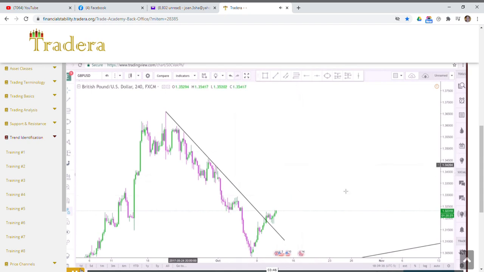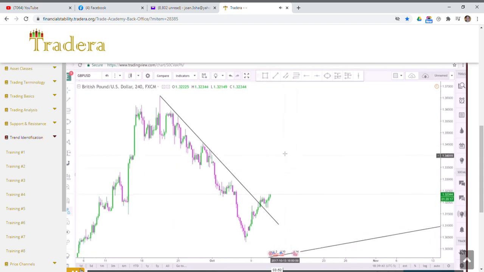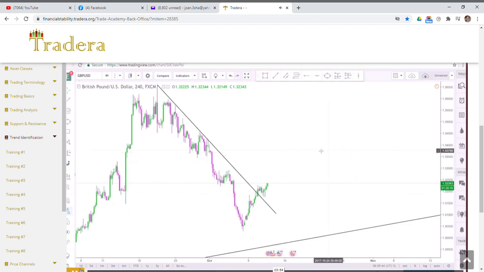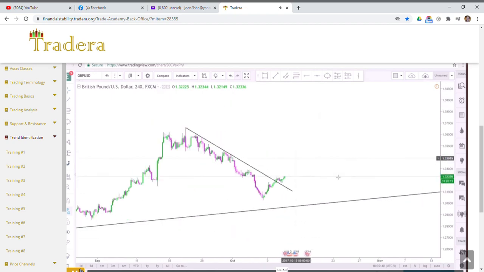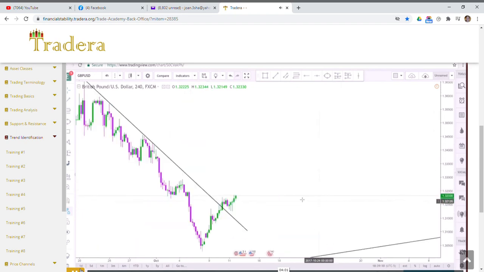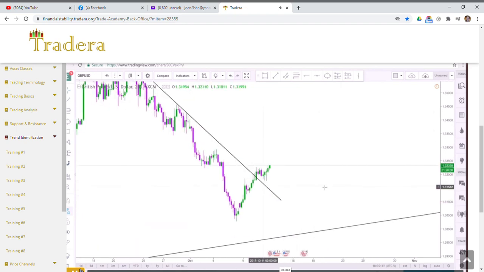Expect to hit an SNR here, but you have to pay attention to price action to tell you when to get out, which we'll also go over in later months. But just know this, guys, price does not have to come all the way back and touch the trend line. If it does, great, cool, but don't rely on that. We did for a while when we were learning, and we started to realize it was the safer way.